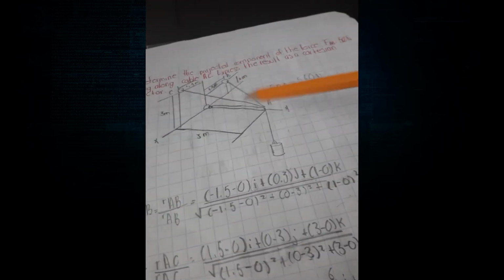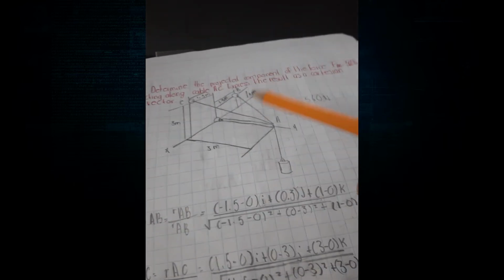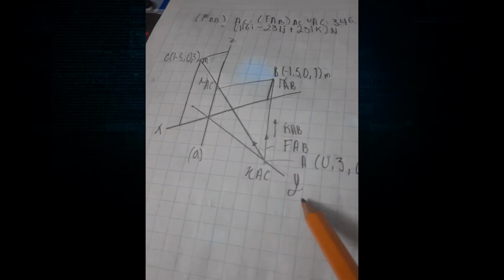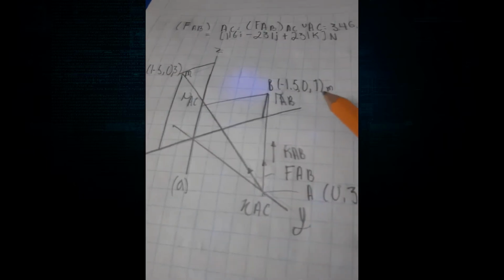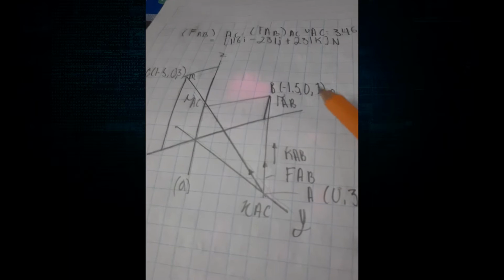We can see this picture in three axes: the axis X, the axis Y, and the axis Z. We have three legs per side.